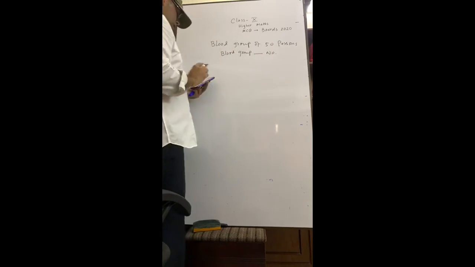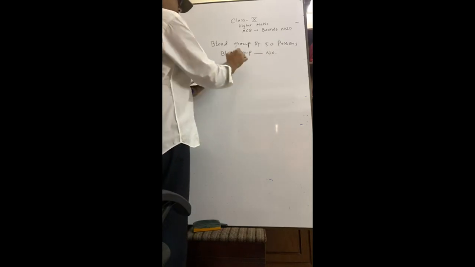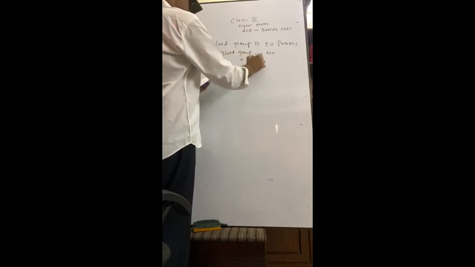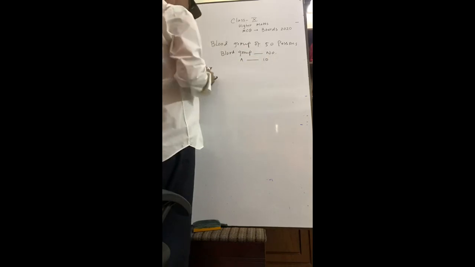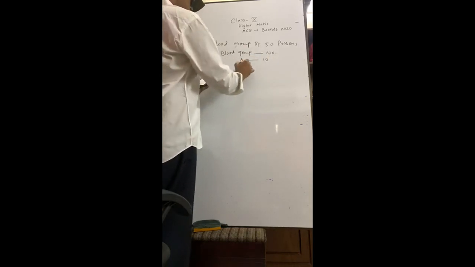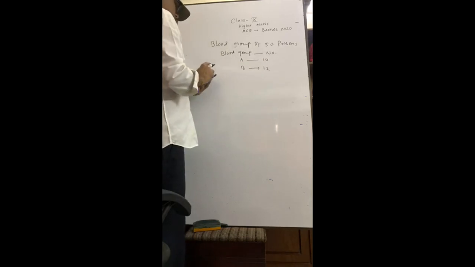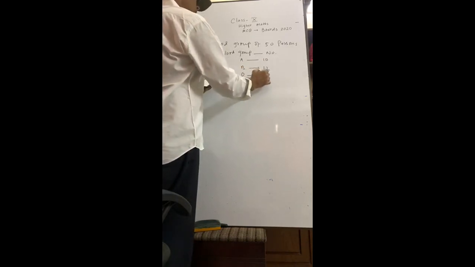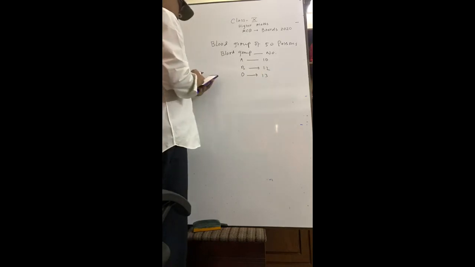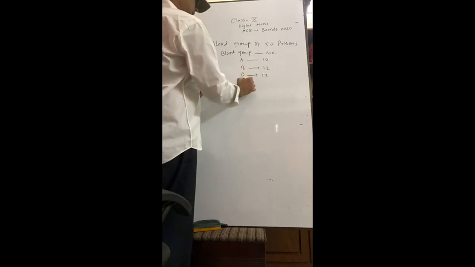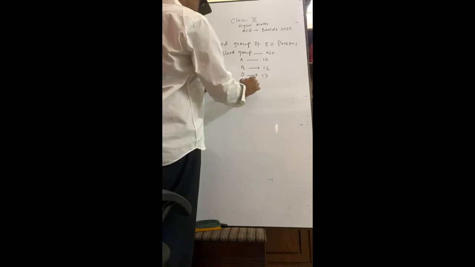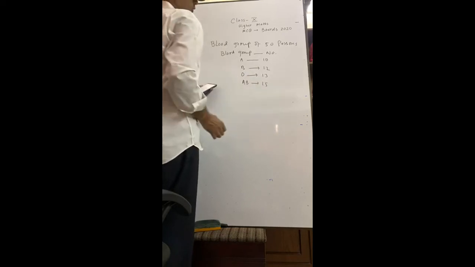Number of persons: A 10 persons, B 12 persons, O 13 persons, AB 15.